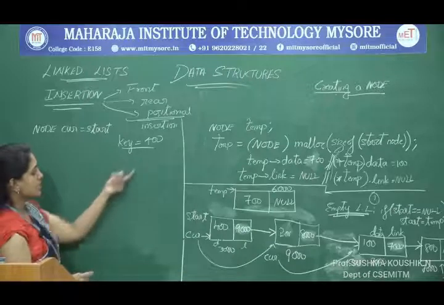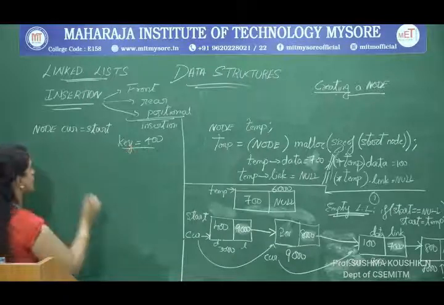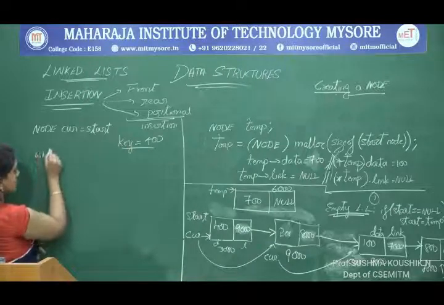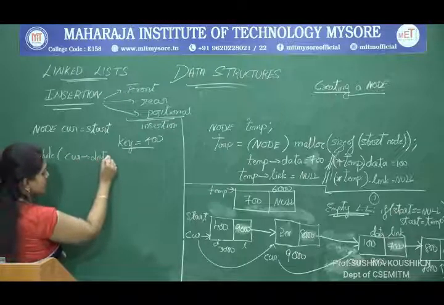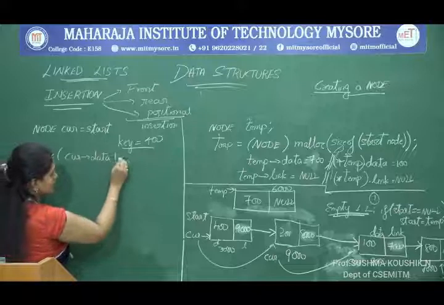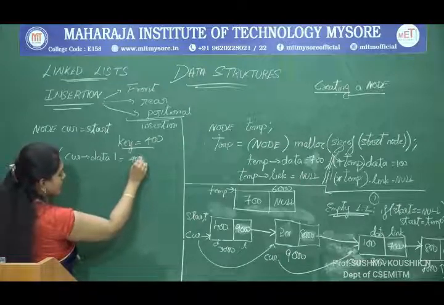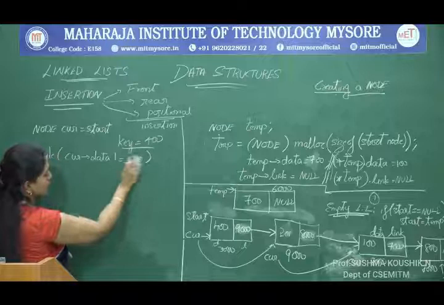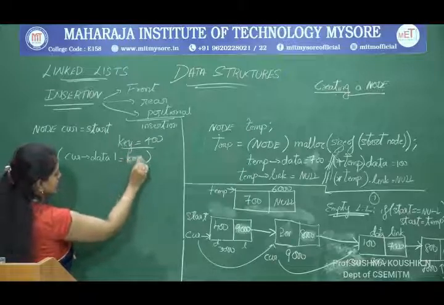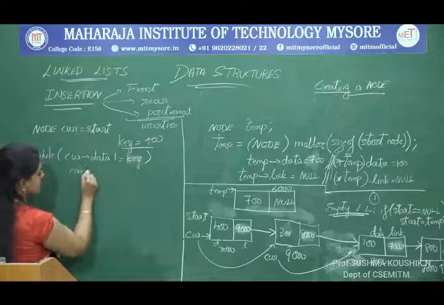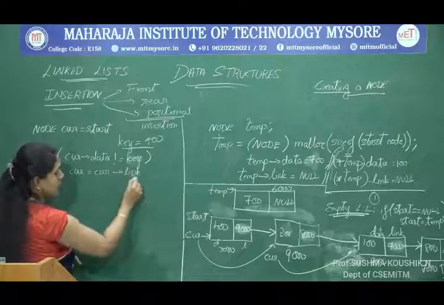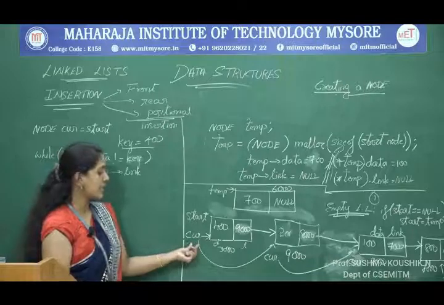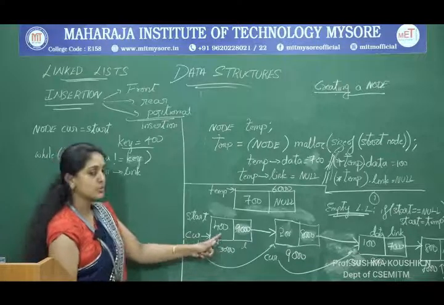Now I am checking, am I reaching this key node? So while current of data is not equal to the key, 400, you can keep moving: current is equal to current of link.